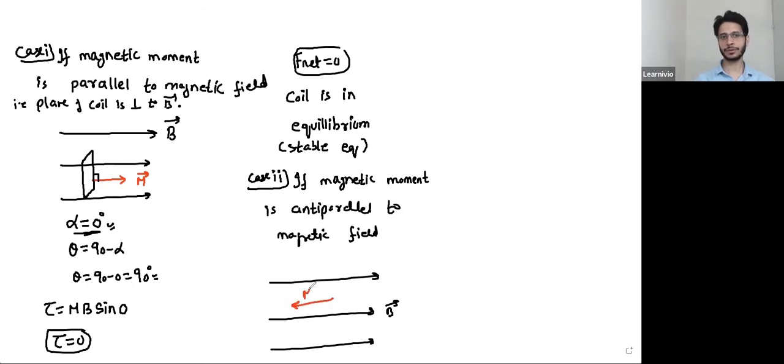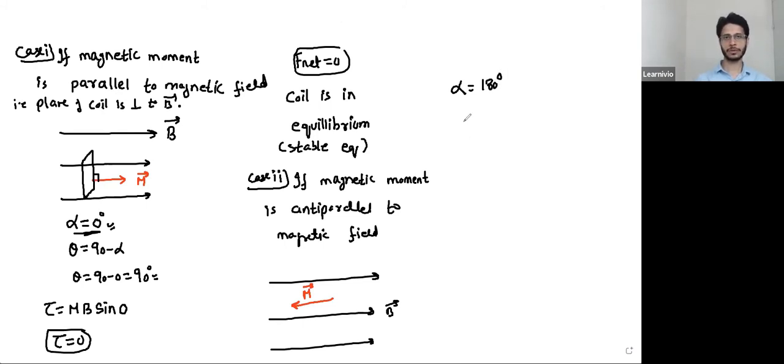It's acting in this direction. So how much is alpha now? Yes, 180 degree.